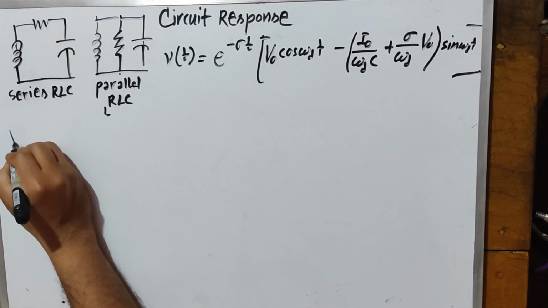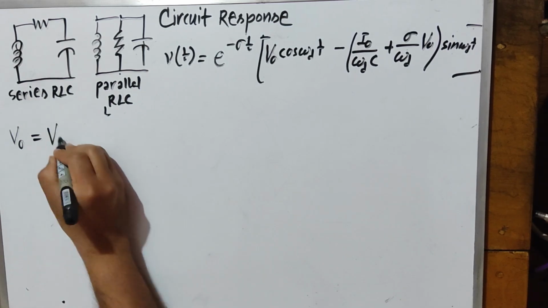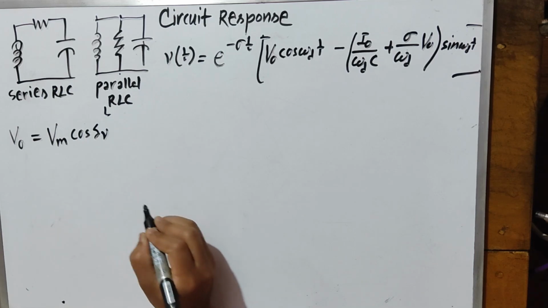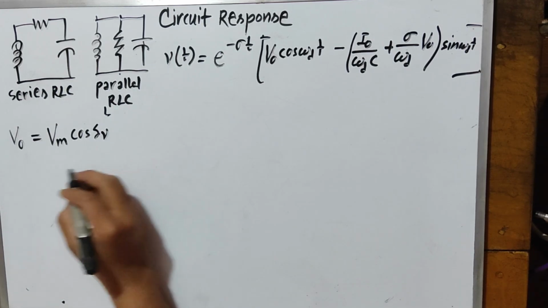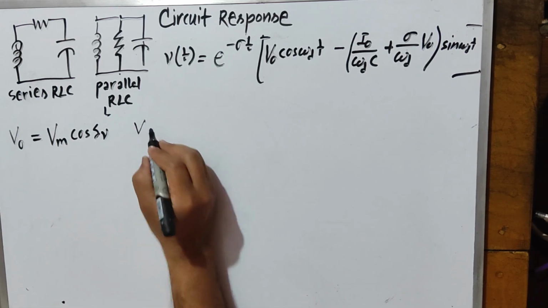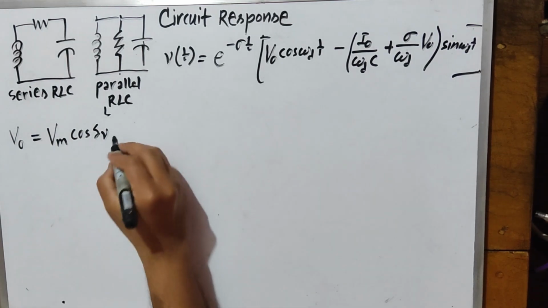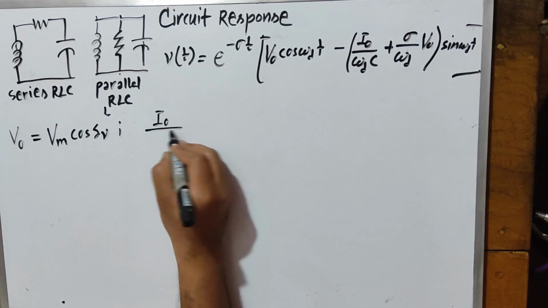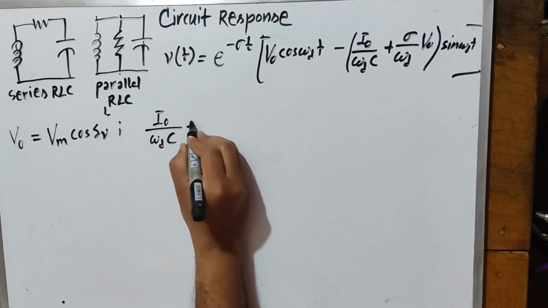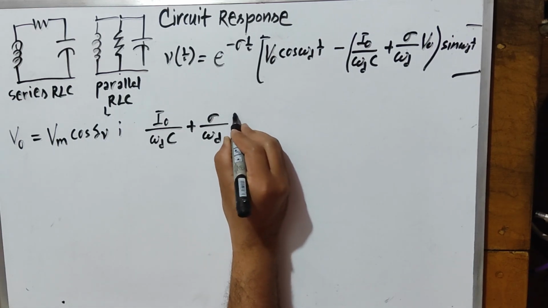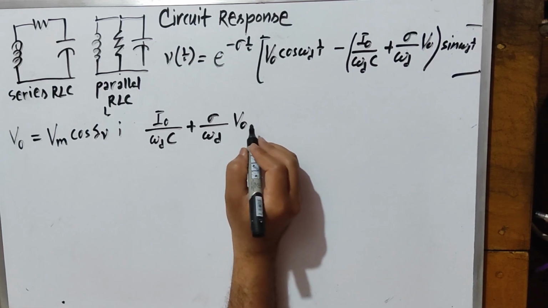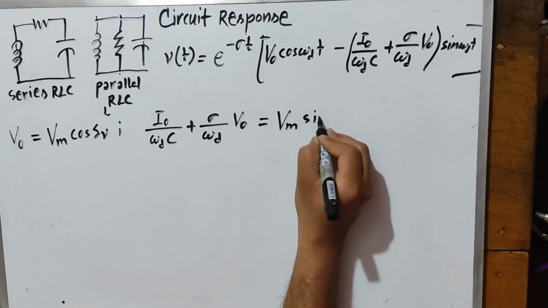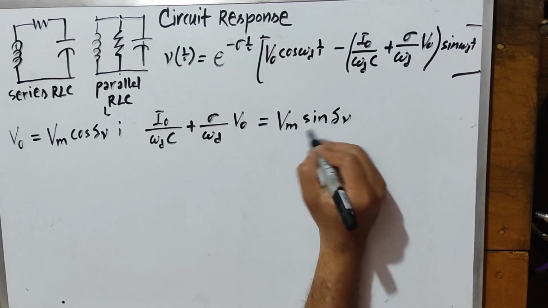So let me assume that Vo is Vm cos delta V. So Vm is the amplitude and delta V is the phase, and this term, Io by omega d C plus sigma by omega d Vo, I'm defining as Vm sine delta V, amplitude and phase.